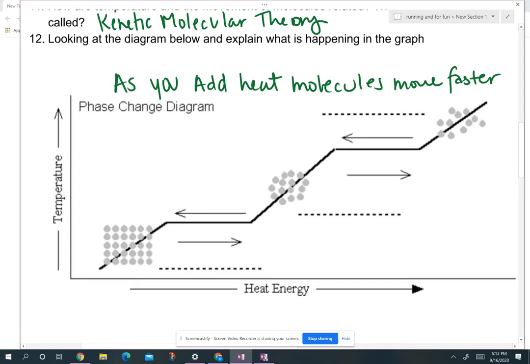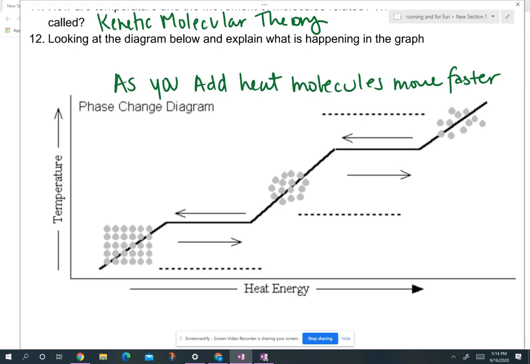So as you add temperature, the molecules are going to move faster, right? So the slower the molecules are, the lower the temperature. So temperature and how fast the molecules move are related to each other.